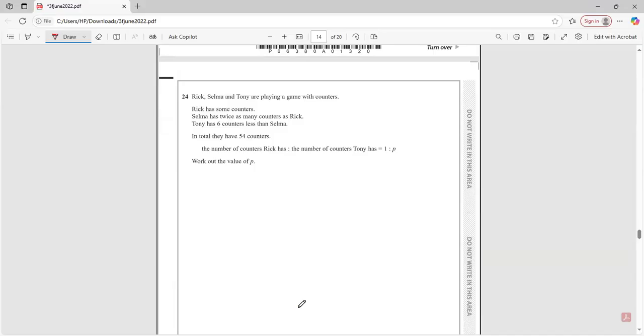Is it something you can do? It looks like a ratio and probability in a mix. Okay, I think this is just ratio.